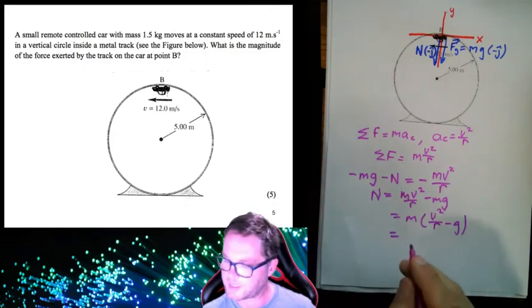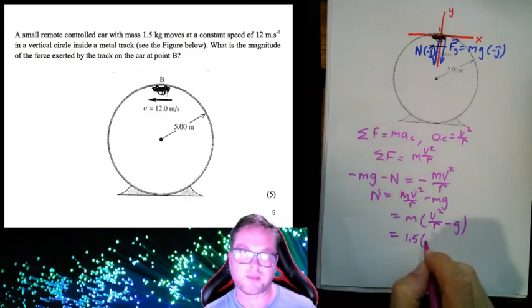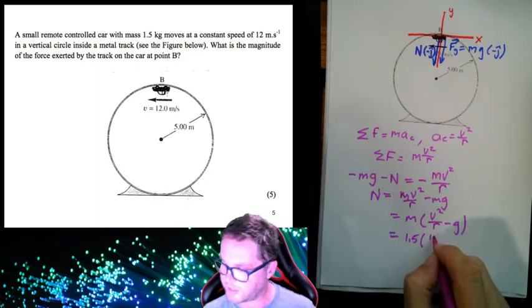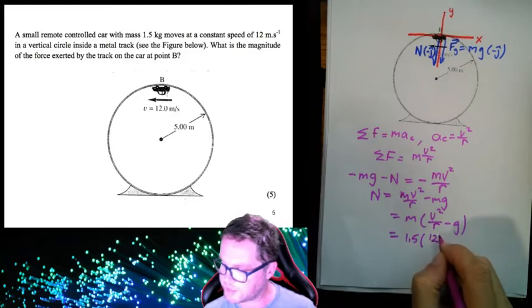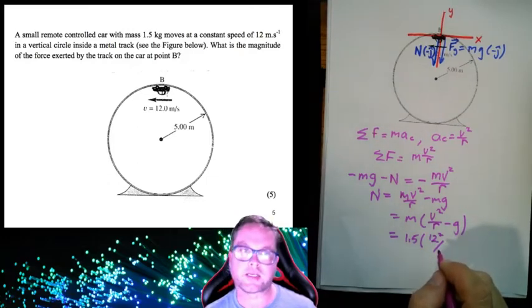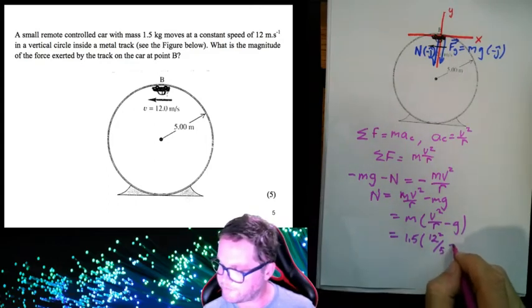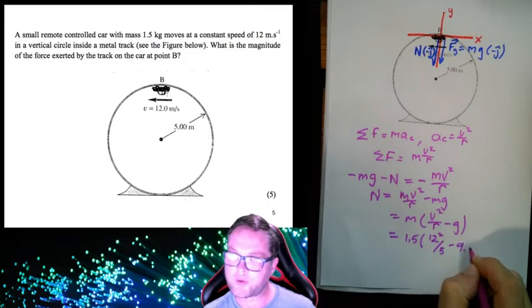We can substitute the relevant values in. We're given that the mass of the car is 1.5 kg. We're given that the speed of the car is 12 meters per second, and the radius of the track is given as 5. So it's 12 squared over 5 minus 9.8.